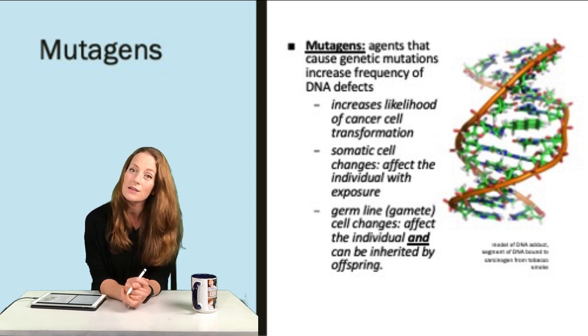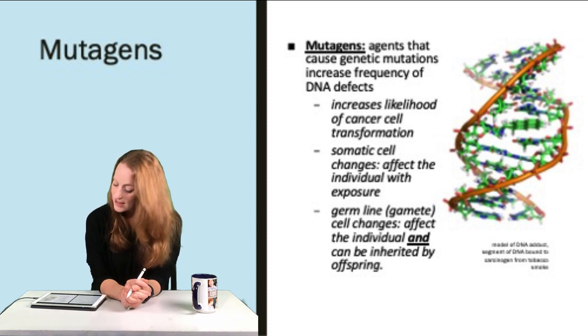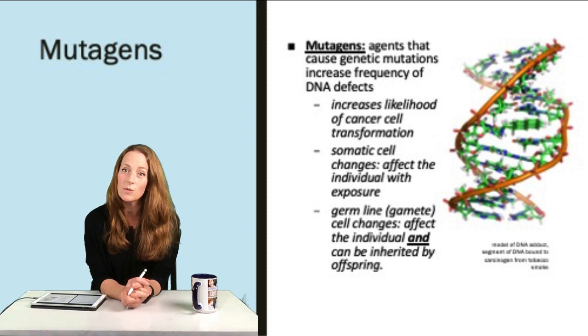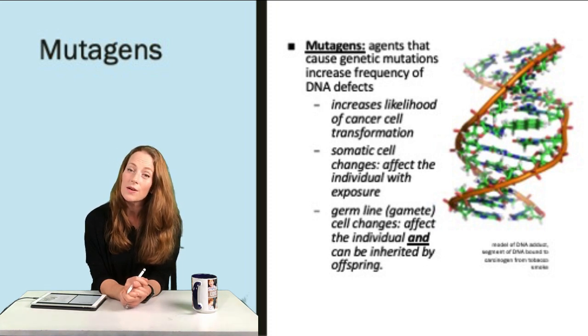Normal body cells, or somatic cells, that are exposed to mutagens can become cancerous. That will affect the individual with the exposure, and can be a particular cancer, but it won't be inherited.